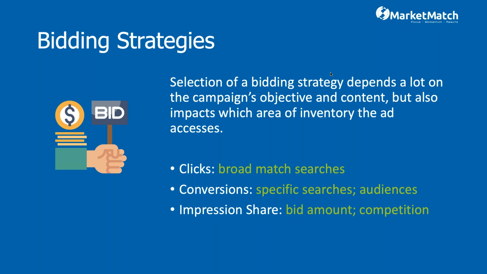Now, each one of these bidding strategies is going to hit a different place of ad inventory. So it's taking a look at left field versus right field. Clicks, for example, is going to be very much on those broad match searches. The clicks or traffic campaigns, as it's known on the social media platforms, are all about getting as many eyeballs on your landing page as possible.